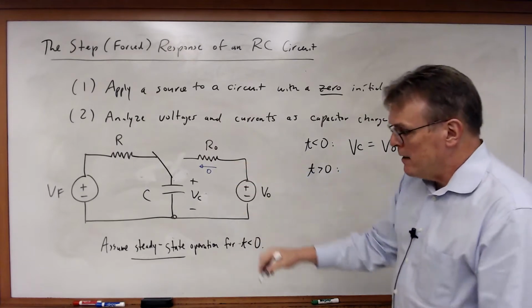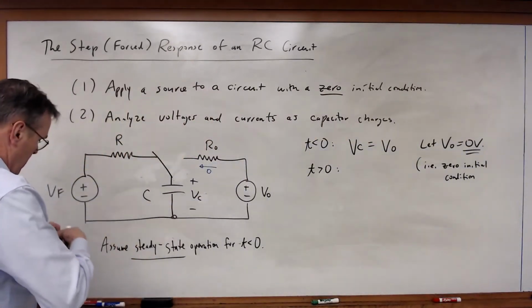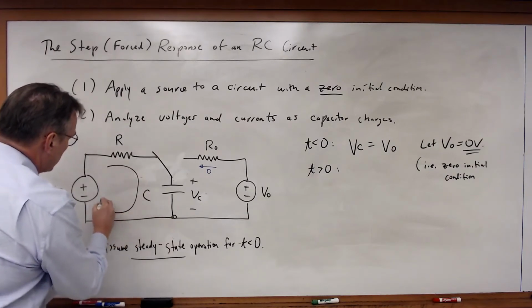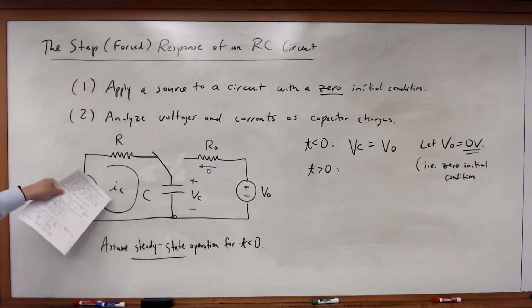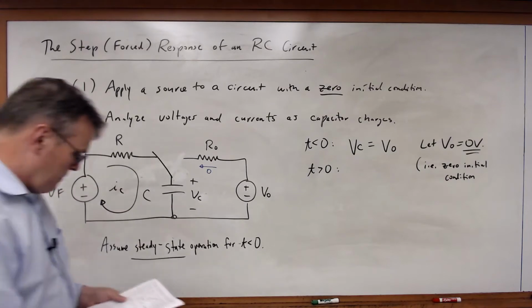And now for t greater than 0, I'm going to have a current I sub C flowing around that loop. Once again, I'm using the passive sign convention for the current in relationship to the voltage.